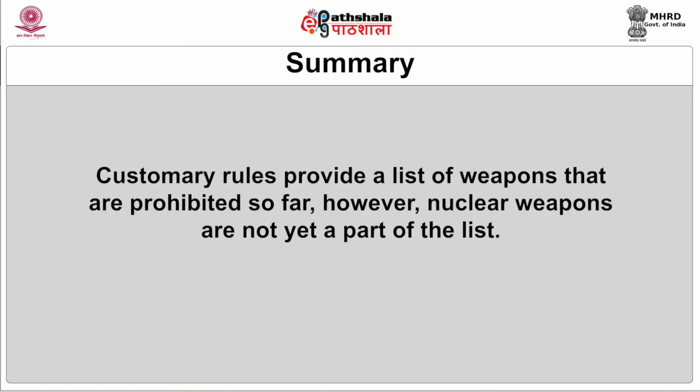We discovered that weapons which cause excessive or superfluous injury or are indiscriminate in their nature are prohibited under principles of IHL. Customary rules provide a list of weapons that are prohibited so far. However, nuclear weapons are not yet a part of the list.